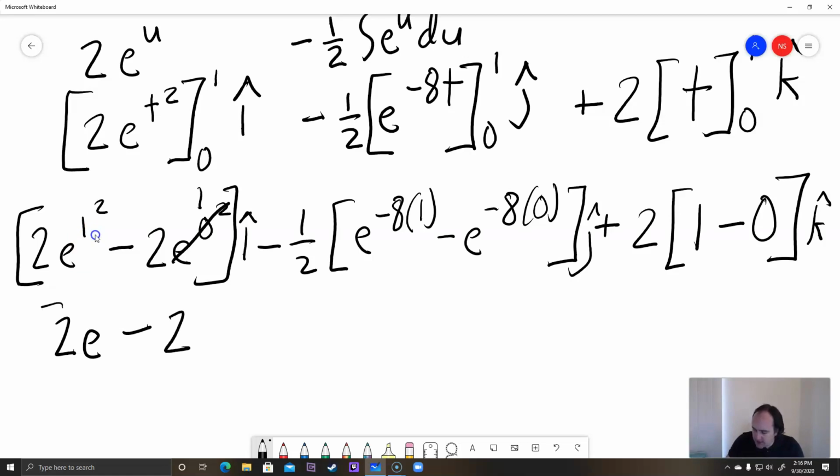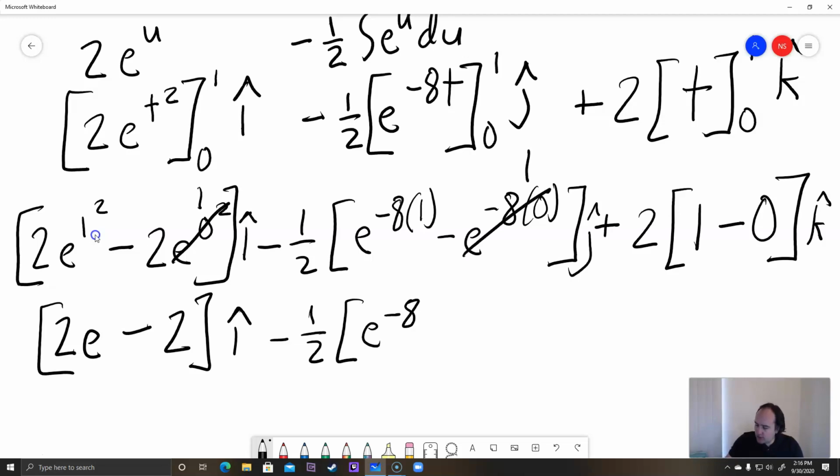So we have 2e minus 2 times i, minus 1/2 e to the negative 8 minus, well, e to the 0 is just 1. So e to the negative 8 minus 1 times j, plus 2 times 1 minus 0 is just 1. So for our last component, we're actually just going to have 2 times k.